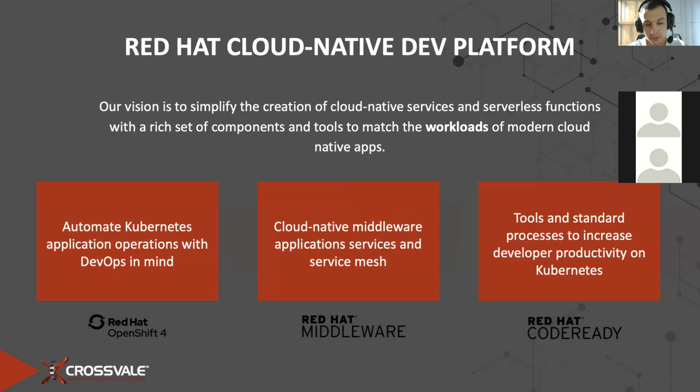There are some solutions that run in OpenShift that are able to monitor all the applications running in OpenShift. And in order to develop those applications, Red Hat provides Red Hat CodeReady Studio, which is an integrated development environment that allows developers to develop faster to OpenShift.